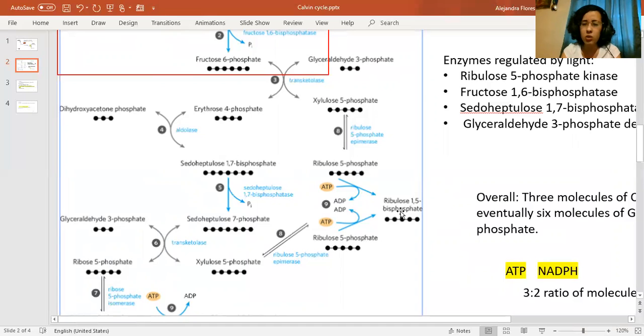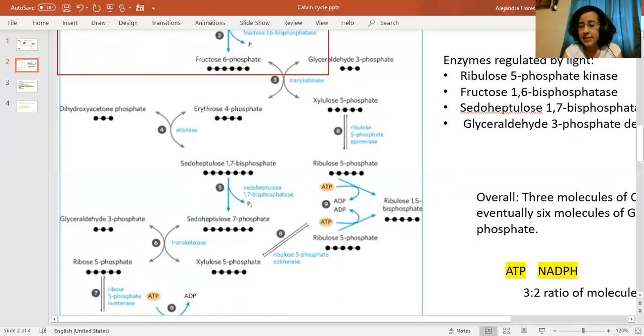To do this, you need a kinase to donate a phosphate group, and that's how you'll be able to recover it. I don't want to explain too much, so this is really a summary. You just are moving carbon around, modifying the molecule, so you can get ribulose 5-phosphate and use a kinase to get ribulose 1,5-biphosphate. Okay.